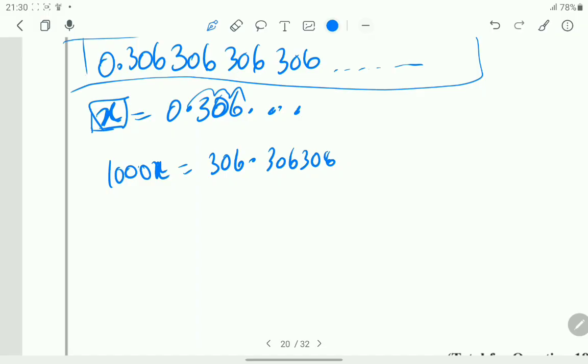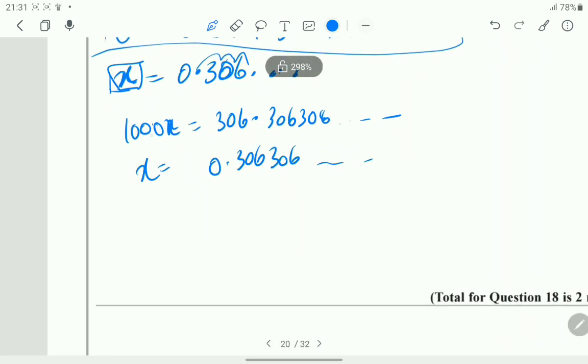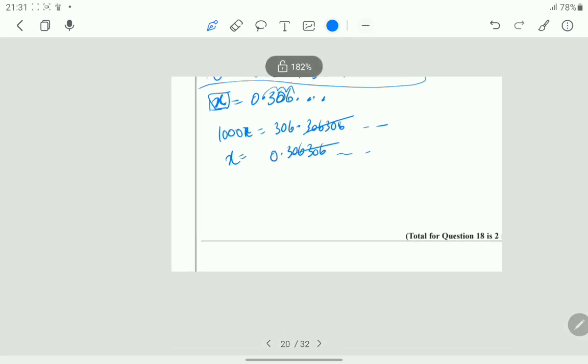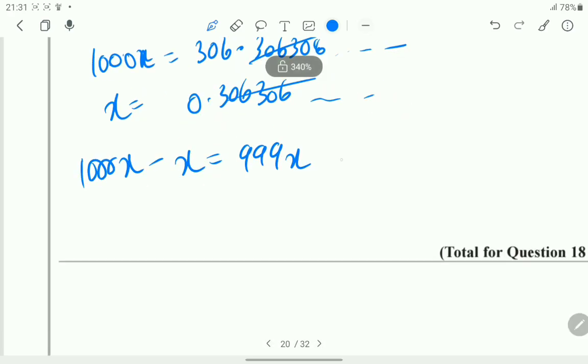Note that the original x we had was 0.306306, and so on and so forth. If we subtract x from 1000x, then the repeating portion disappears. So we do just that. 1000x minus x gives us 999x, which is equal to just 306.